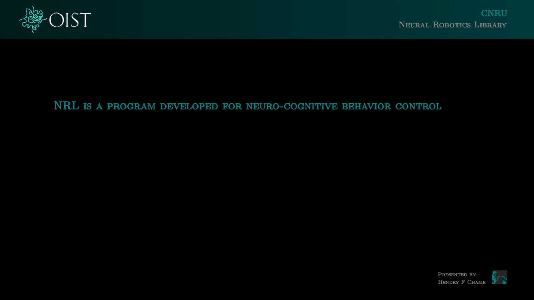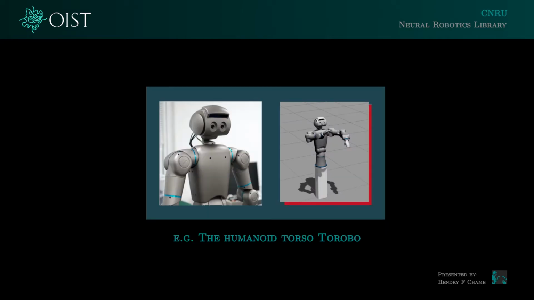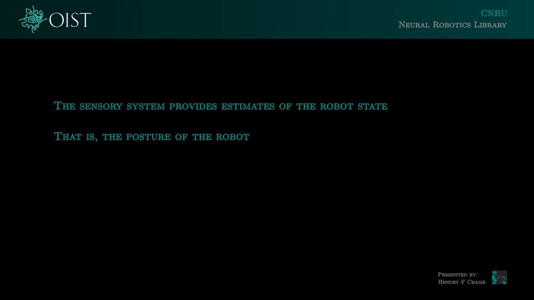NRL is a program developed for neurocognitive behavior control. Thus, it is assumed that your project counts on either a virtual or a real robot. The robot sensory system must also be capable of providing you with estimates of its state.